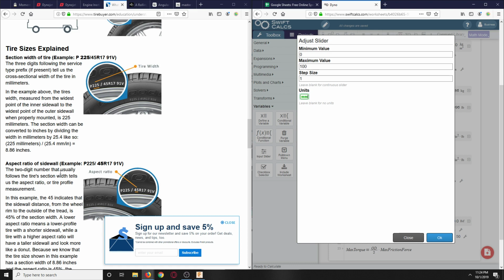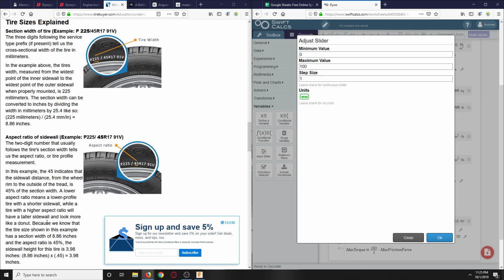The two-digit number that follows the tire's section width tells us the aspect ratio of the tire profile measurement. In this example, the 45 indicates that the sidewall distance from the wheel rim to the outside of the tread is 45% of the section width. So basically it's 225 times this percentage.